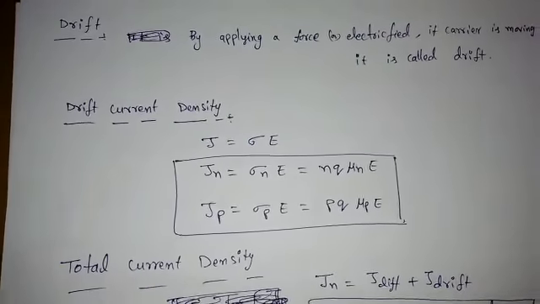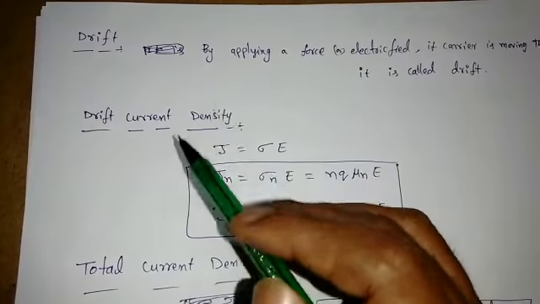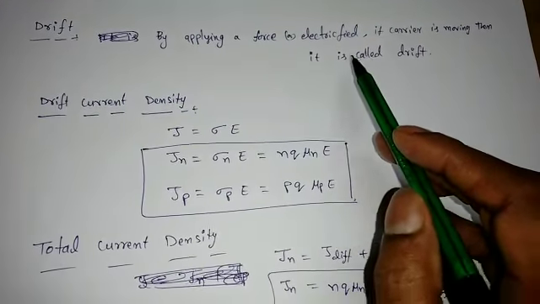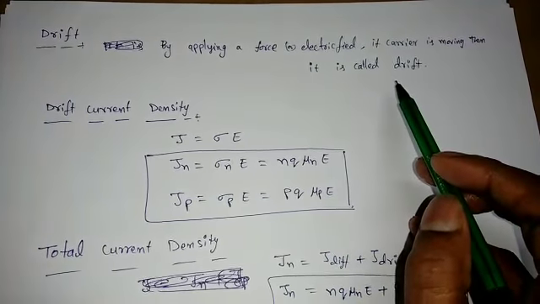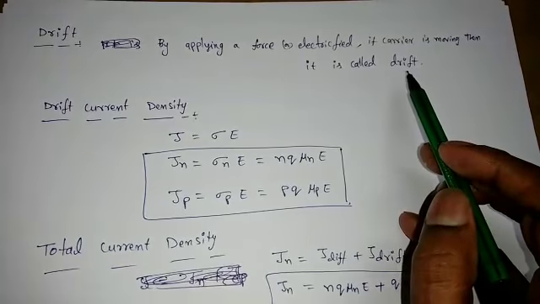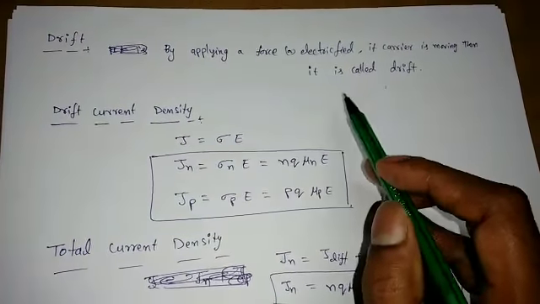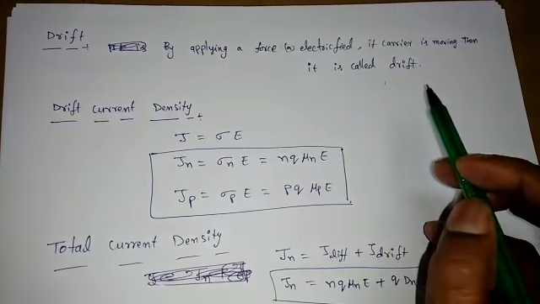Next one is drift. Generally drift means applying some external force, an electric field, generally denoted by E. If a carrier is moving, then it is called a drift. Whenever a carrier is moving, a current will be developed, that is the drift current. So diffusion is simply a carrier moving from higher concentration to lower concentration.